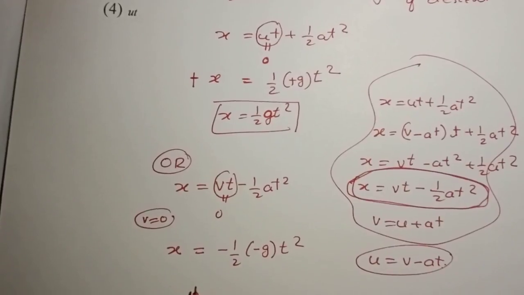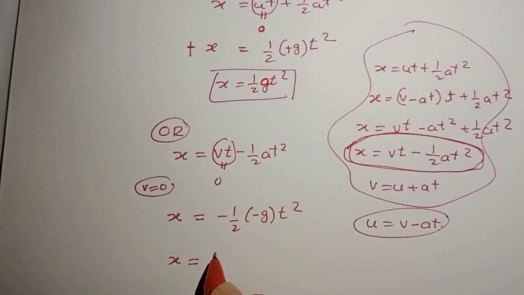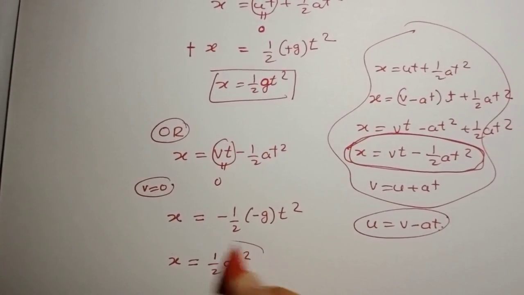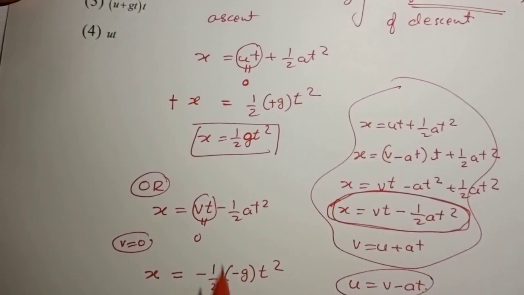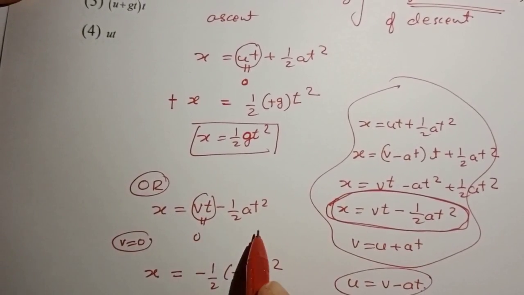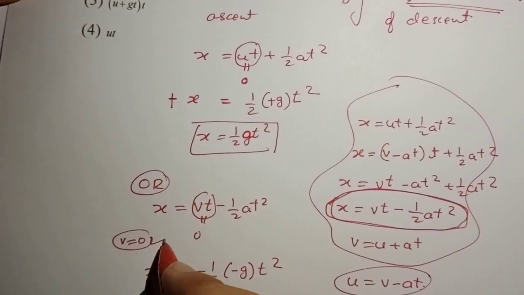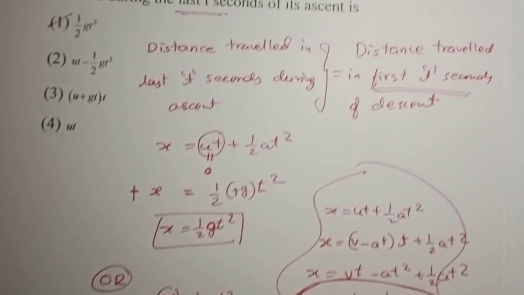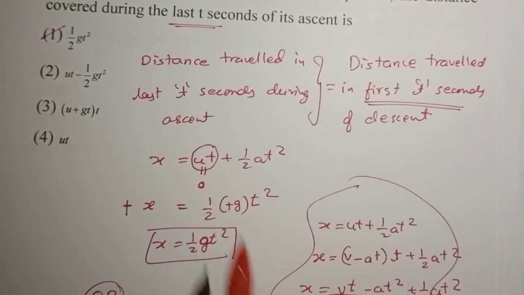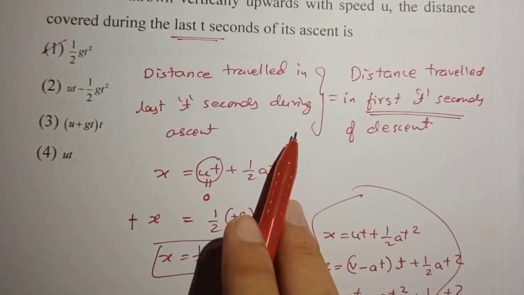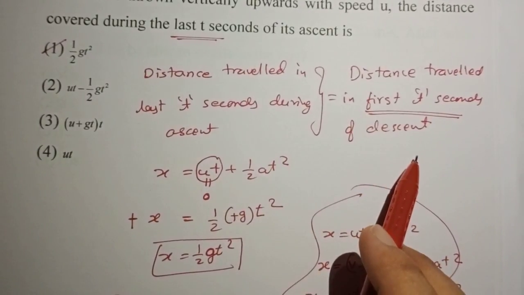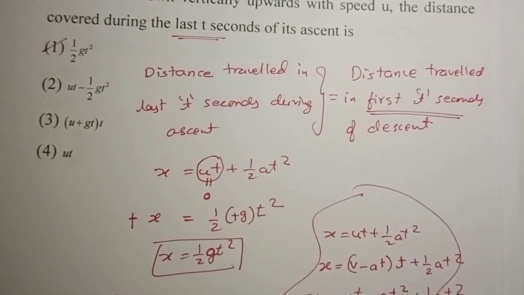The minus signs cancel, so x is equal to half gt square. You can use x is equal to vt minus half at square since the final velocity is known. Otherwise, remember the concept: the distance traveled in the last t seconds during ascent is equal to the distance traveled in the first t seconds during descent.